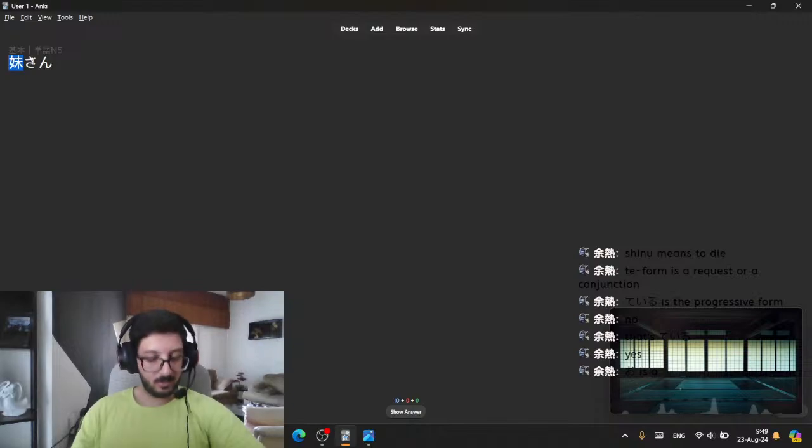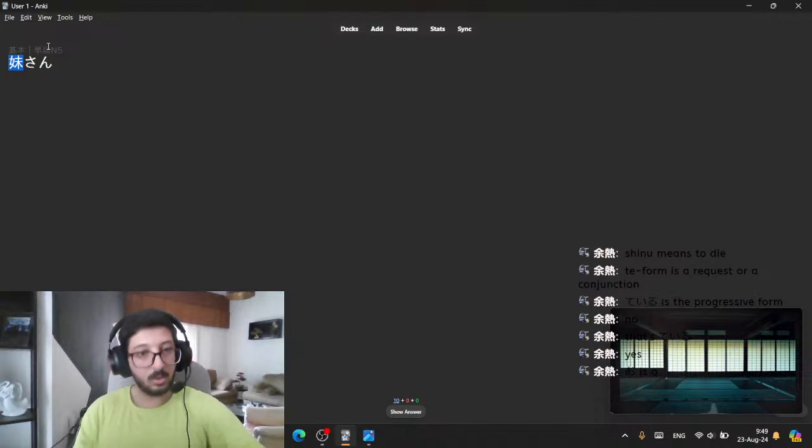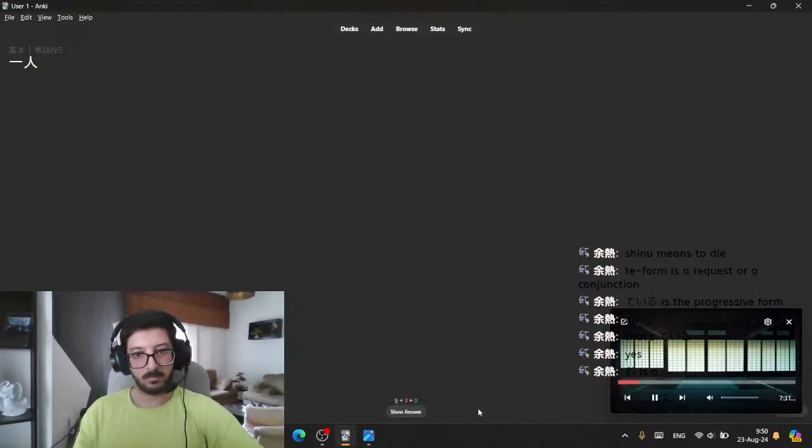That's a woman in a tree. Which means it's not yet. Which means younger sister. That's not a tree, that's not yet. Imouto. 妹さん、Imouto-san. Easy.